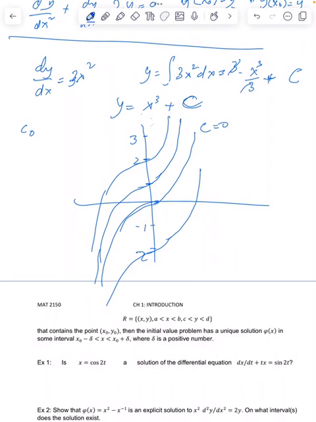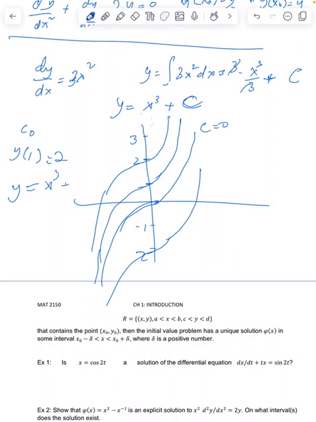So now if we were given some initial condition here, so for example, if I was given that y of 1 is 2, what will I do? I will plug that into the function that I found.